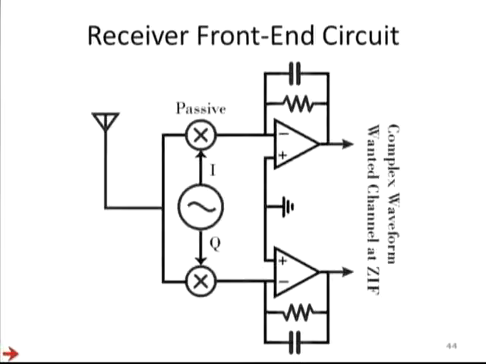So a receiver front-end circuit of the future may look something like this. An antenna that goes straight into switches, FET switches, which are passive mixers, with no SAW filters and no need for a 50 ohm termination. And the signal of interest is down-converted, very close to DC or to DC, into a complex waveform.